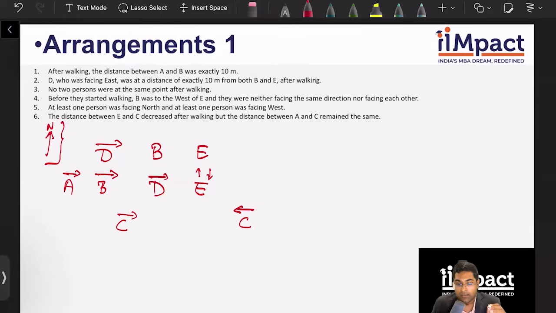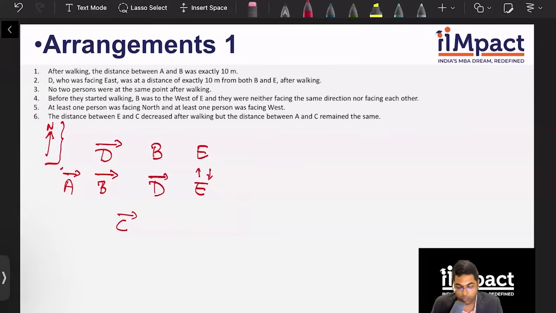Now, the second part of clue number 6 tells me that A and C, the distance remains the same. Therefore, if A is moving east, C has to move towards east. C cannot move any other direction. So I know that C cannot move west. And this is a problem because clue number 5 tells us that there has to be at least one person moving west.